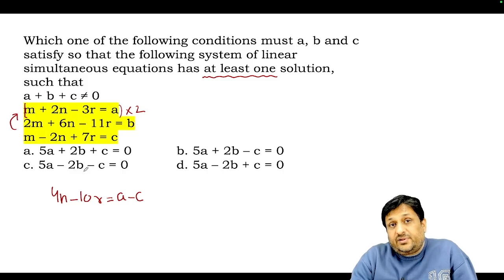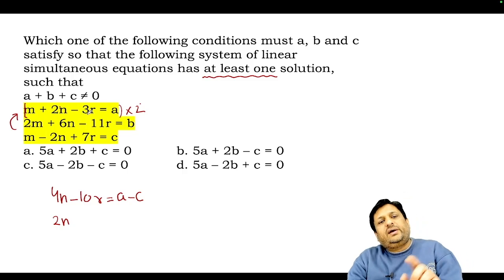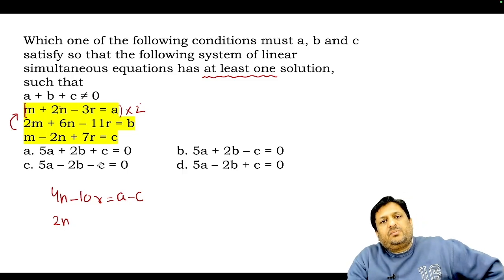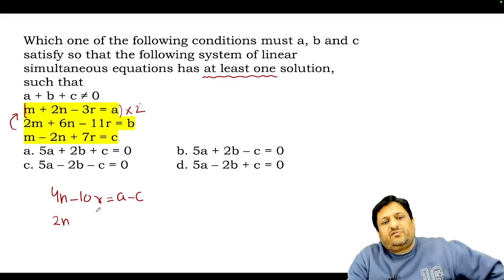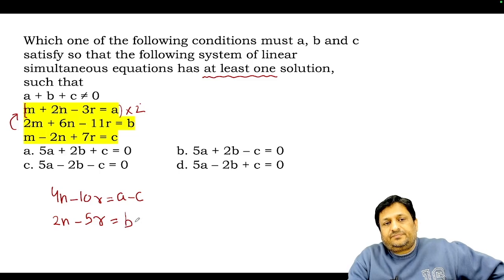So m will be eliminated. 6n minus 4n, because 2 multiplied by 2 will give you 4n, will be 2n. Minus 11r minus of minus 6r becomes minus 11r plus 6r, which will give me minus 5r. Isn't it? And the right hand side is going to give me b minus 2a.